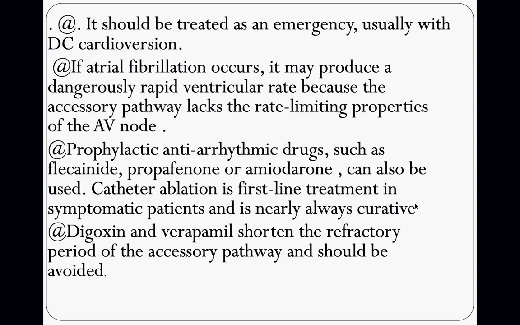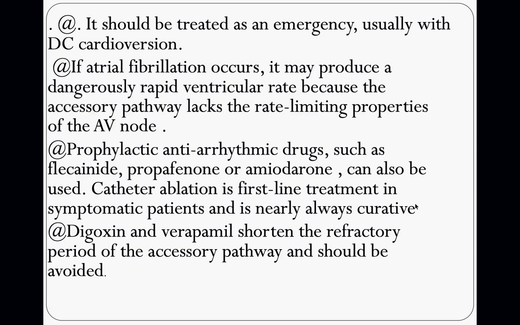Prophylactic antiarrhythmic drugs such as flecainide, propafenone, and amiodarone can also be used. Catheter ablation is the first-line treatment in symptomatic patients, as it is nearly always curative. Digoxin and verapamil shorten the refractory period of the accessory pathway and should be avoided.